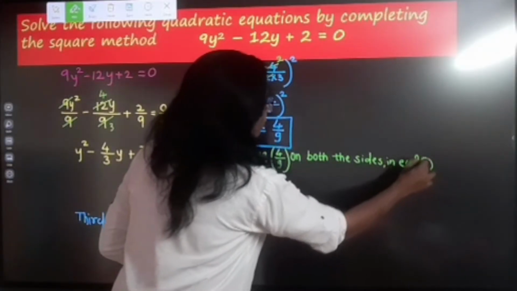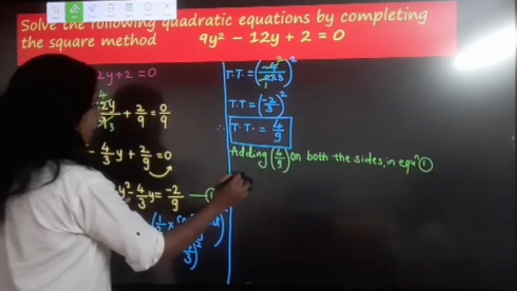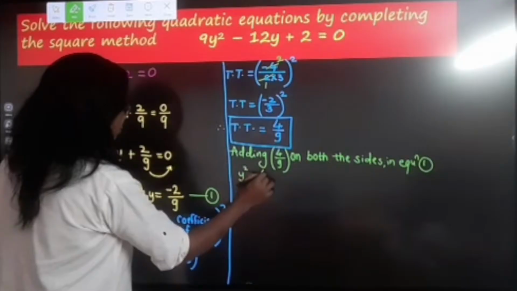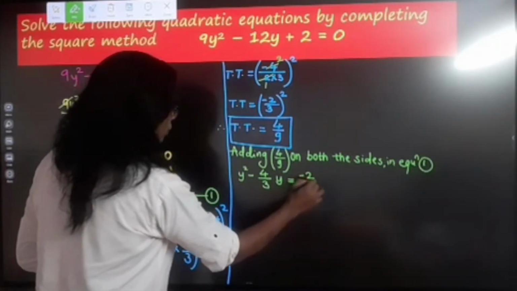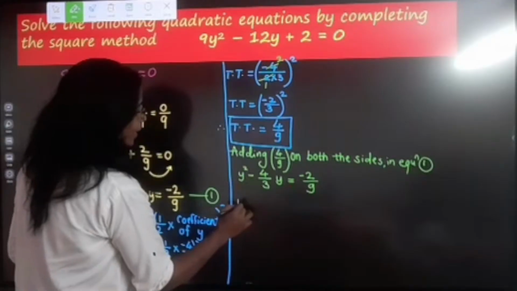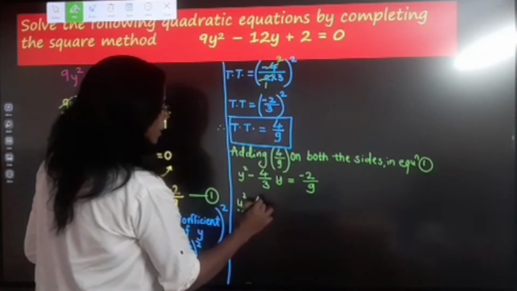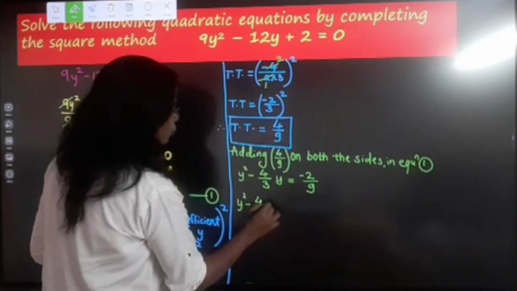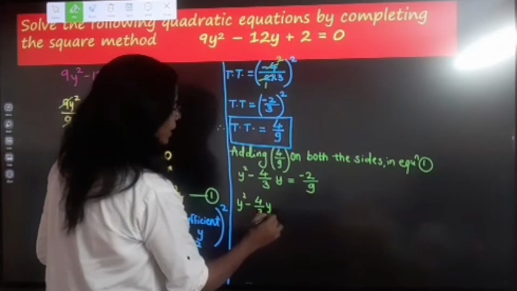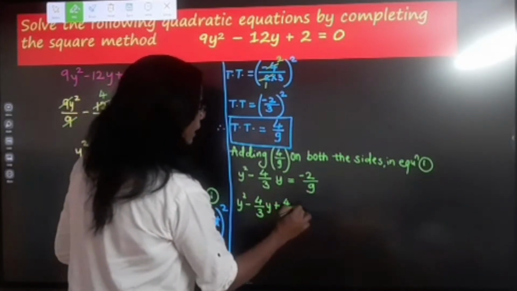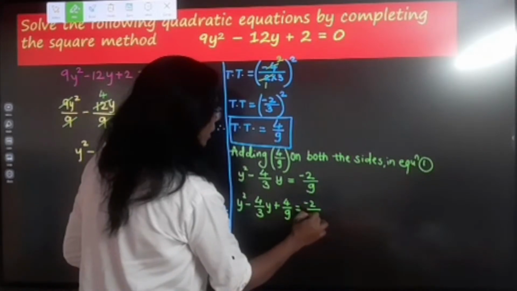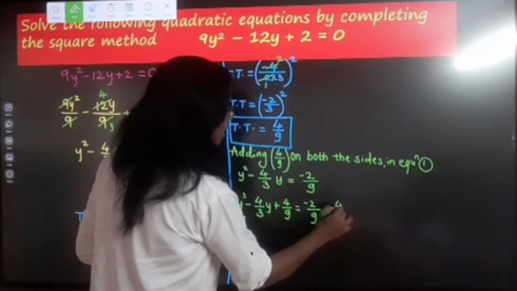So now equation 1 is y square minus 4 upon 3y is equal to minus 2 upon 9. So here I add my 4 upon 9. So y square minus 4 upon 3y plus 4 upon 9 is equal to minus 2 upon 9 plus 4 upon 9.